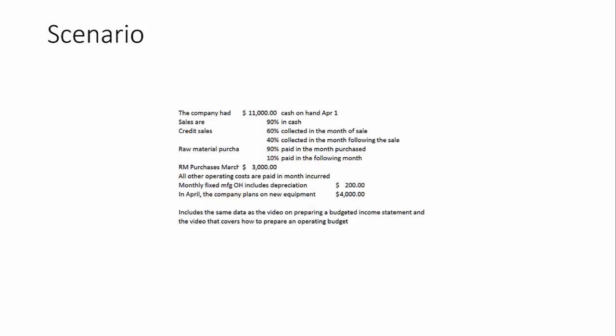And also we have information regarding our purchases of raw materials and whether or not we pay all of that in cash in a particular month or not. We also have some data about raw material that was purchased in March, because that's important to know. We also have some depreciation that we need to account for. And also in April, the company is planning on purchasing some new equipment.